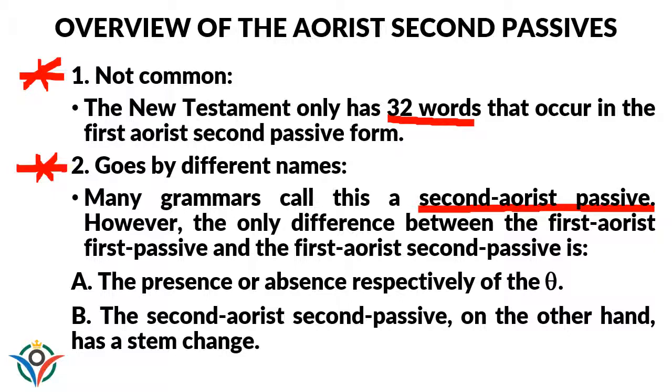However, the only difference between the first aorist first passive and the first aorist second passive is this. All right, so let's break it down to its bare minimum basics. The only difference between them is, first of all, the presence or absence, respectively, of the theta. Is the theta there or is it not there? And then the second one is that the second aorist passive, on the other hand, has a stem change.